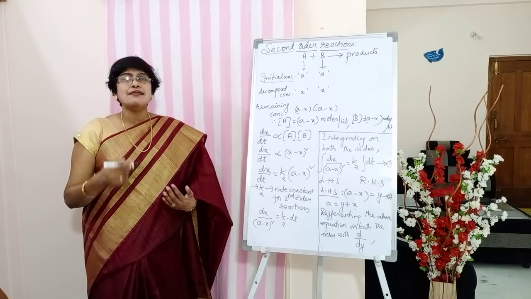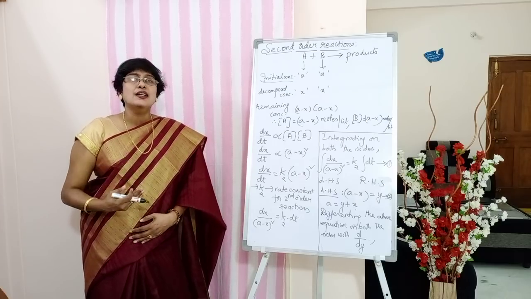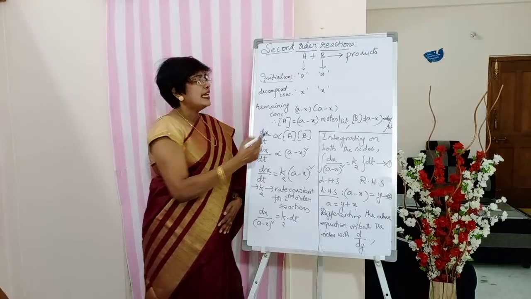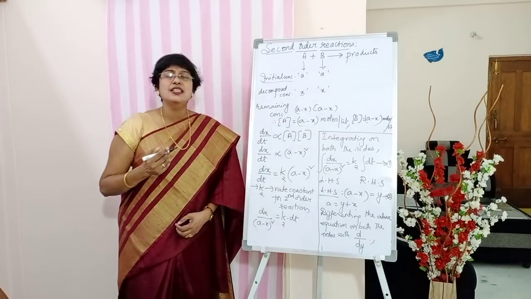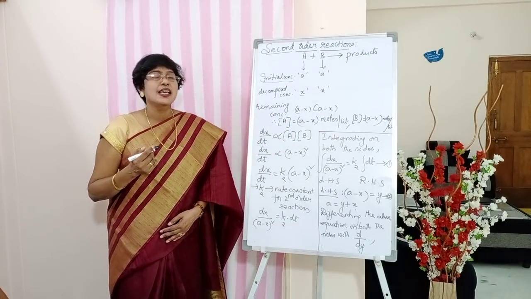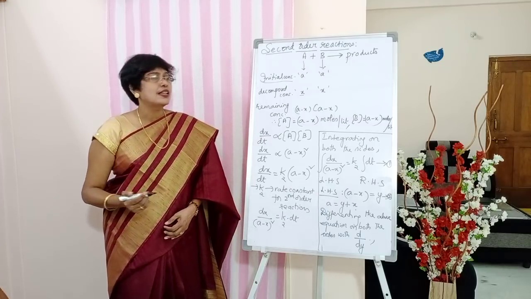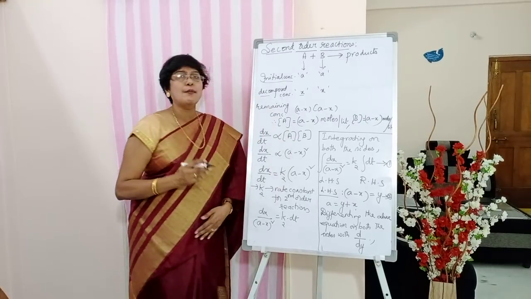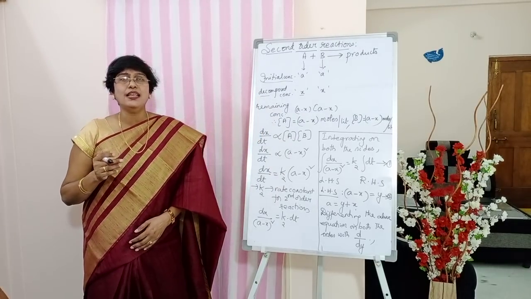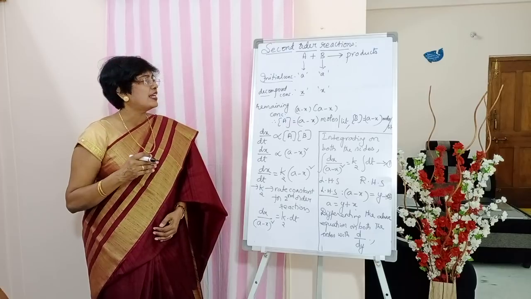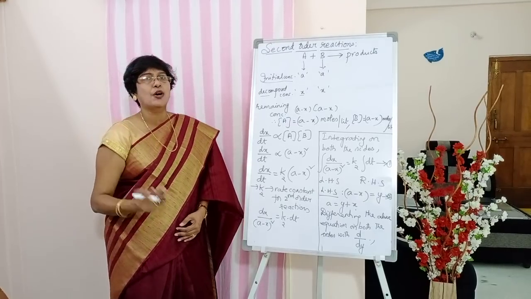Now, after some time, x moles of A has been changed into products. x moles of B also has changed into products. That we call the decomposed concentration. So, decomposed concentration, write down small x and small x.